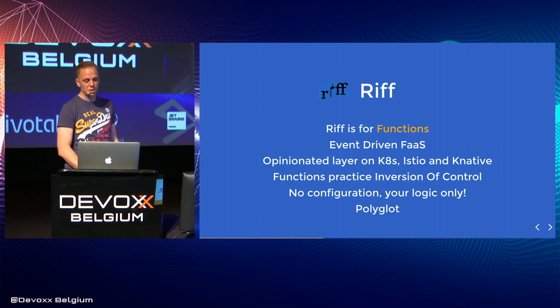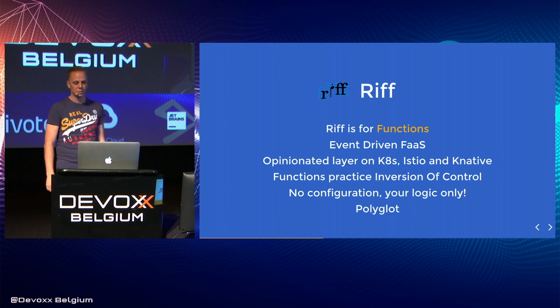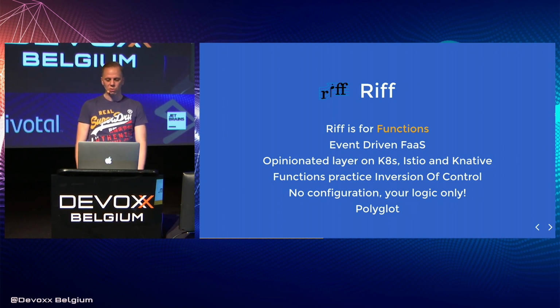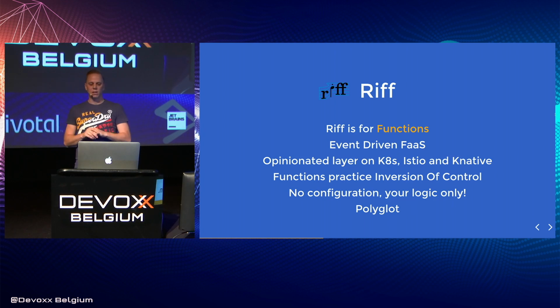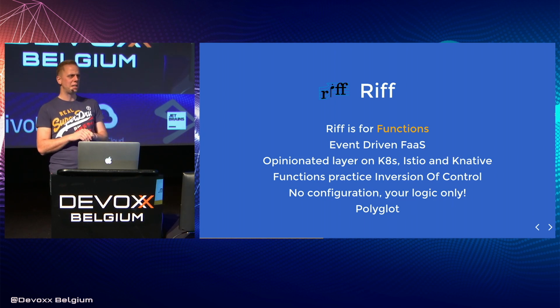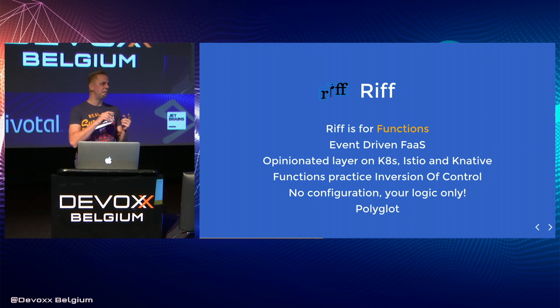And the idea is also that you can run or create a function in whatever language you choose. So that's the power of Riff. Riff was announced last year at SpringOne in December, and it basically did the eventing part itself. It also did the build part itself.